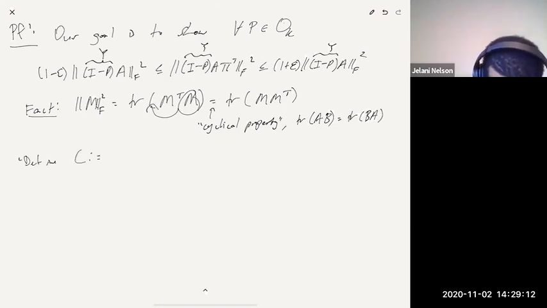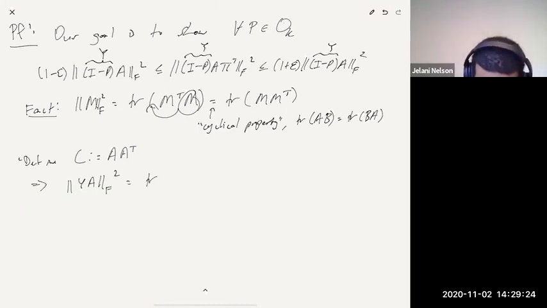So now I'll define C to be A A transpose. That implies that if you look at YA Frobenius norm squared, that's just equal to the trace of YA A transpose Y transpose. But Y is a symmetric matrix, right?